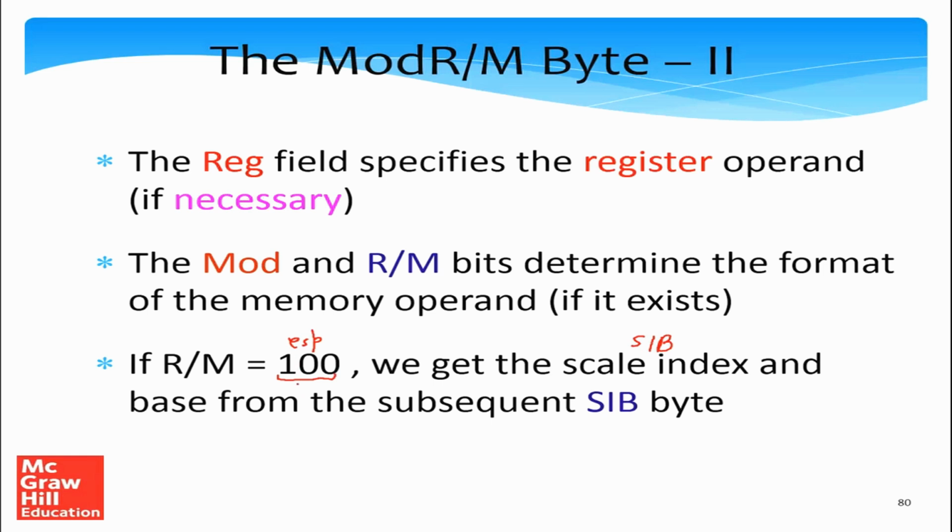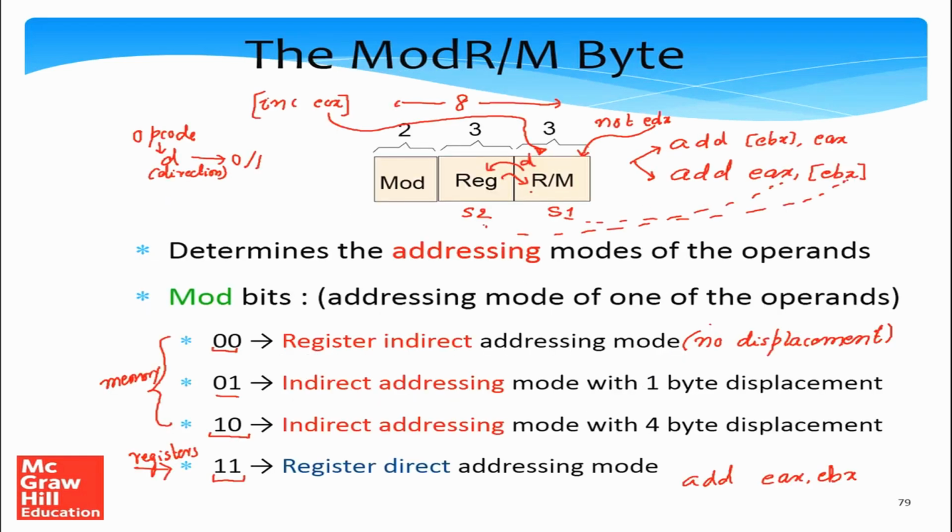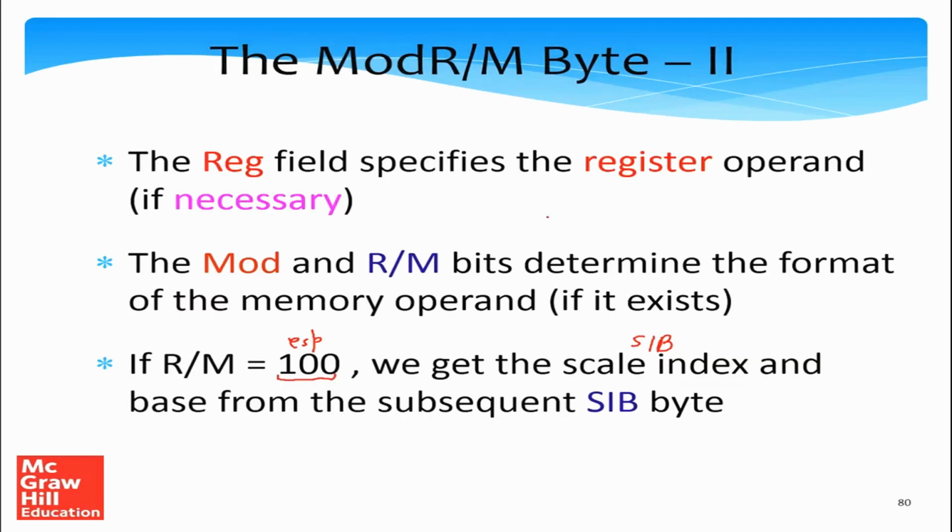So let me repeat. If the R/M bits over here contain 100, and 100 corresponds to the encoding of the stack pointer, this tells the hardware that an SIB byte follows.